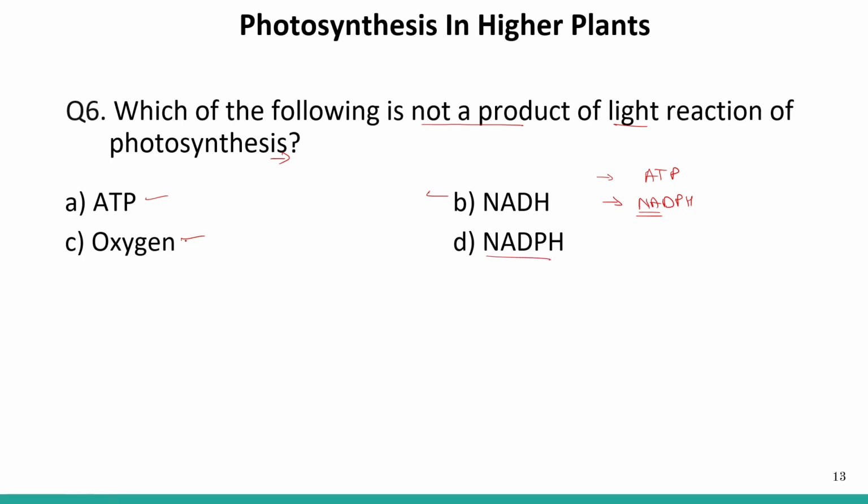Alright, oxygen is also produced. Where? Oxygen is produced due to the photolysis of water. What is the site? Photosystem 2, because it consists of the water splitting complex.